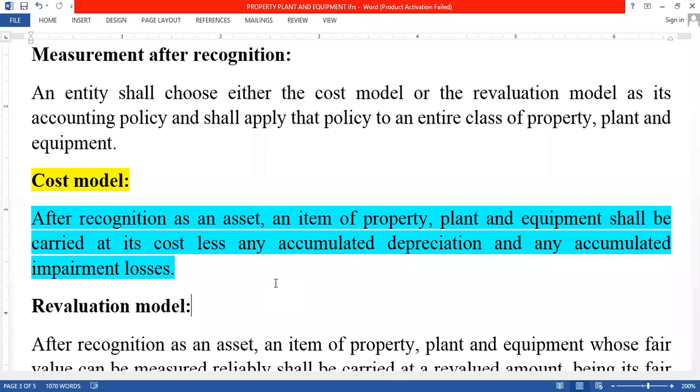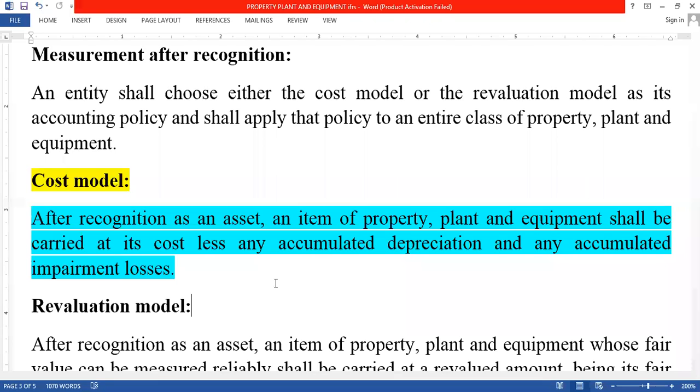In every accounting standard, whether property, plant and equipment, investment properties, government grants, borrowing costs, intangible assets, impairment of assets, or leases, we take these two models into consideration.